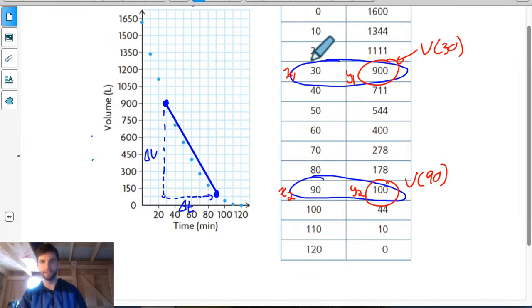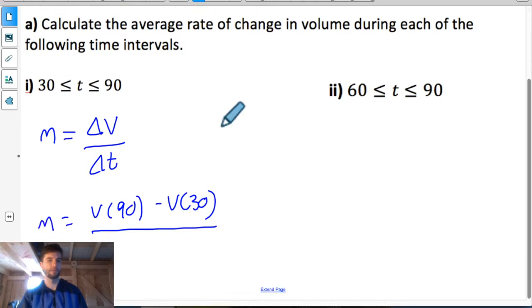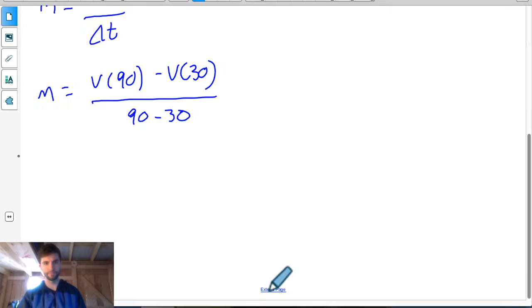So I'd have to do 90 minus 30. So my change in time, 90 minus 30. So notice that the order matches up. V at 90 minus v at 30 over 90 minus 30. We could equivalently do v at 30 minus v at 90 over 30 minus 90. It would give you the same answer.